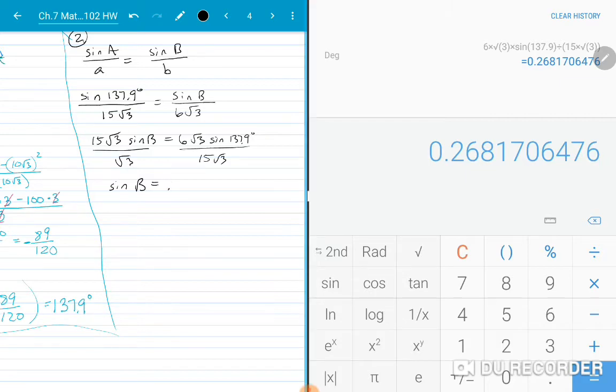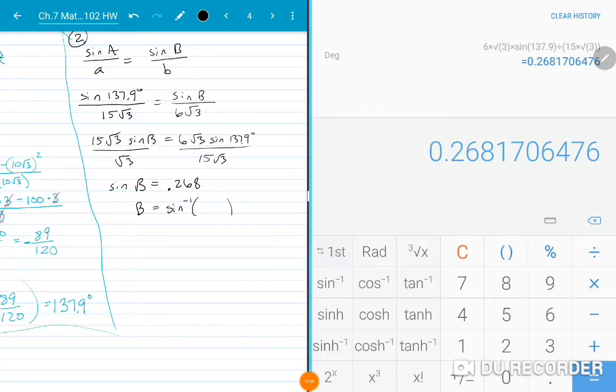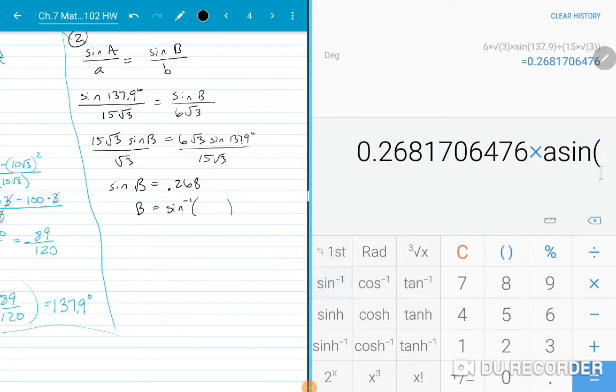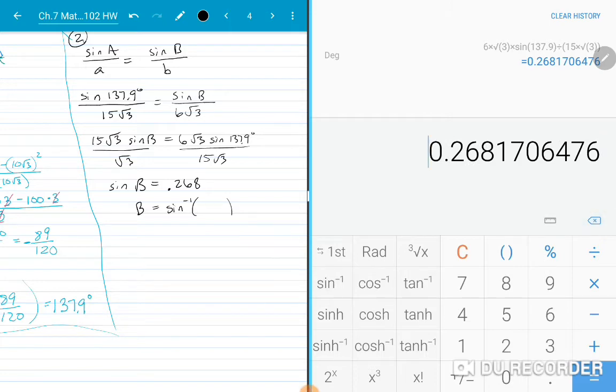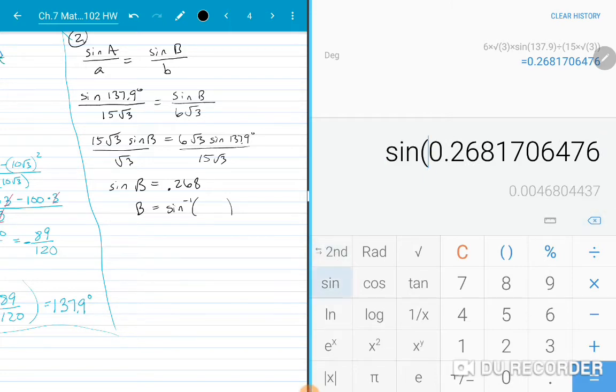And for that, I get 0.268. So to get B, I take the sine inverse of that. So I'm just going to leave that in the calculator and put my sine inverse right in front. Nope, that's sine.